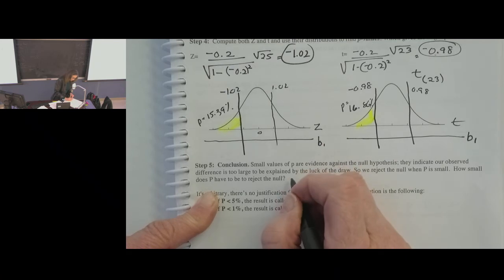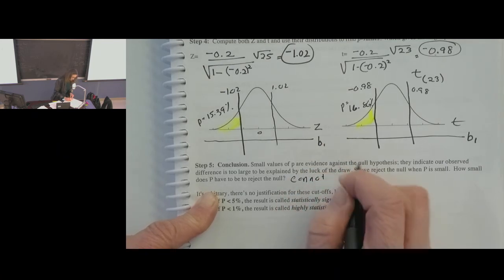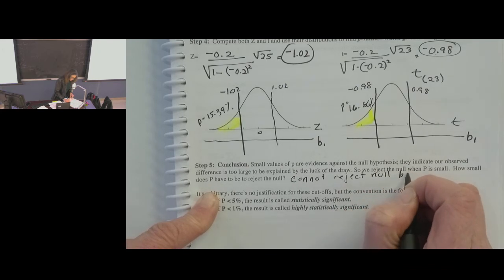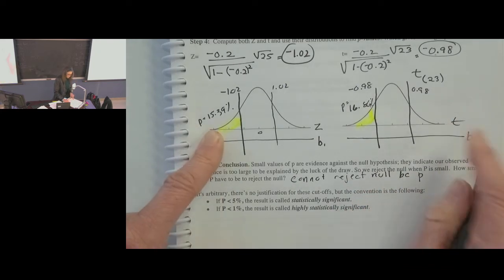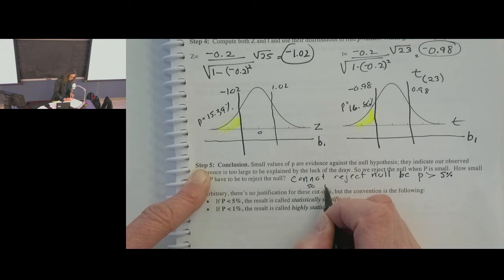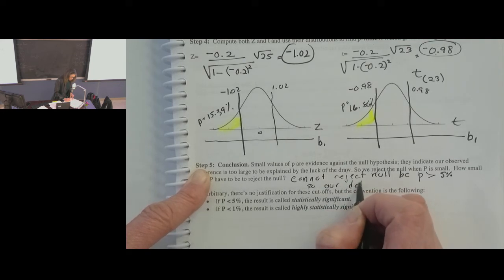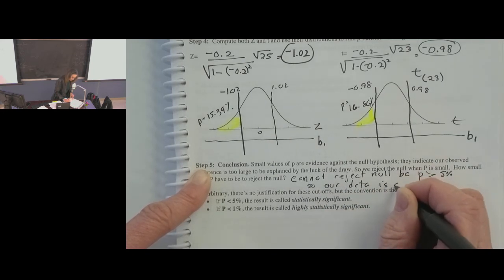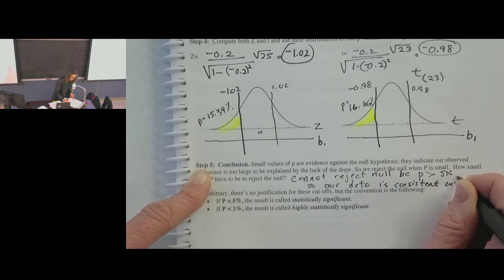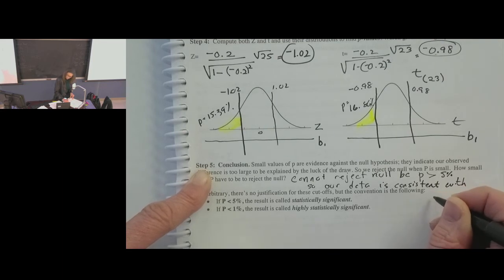We cannot reject the null, because our p, in both cases, is greater than 5%. So our data is consistent with the null, with the population slope equaling 0.